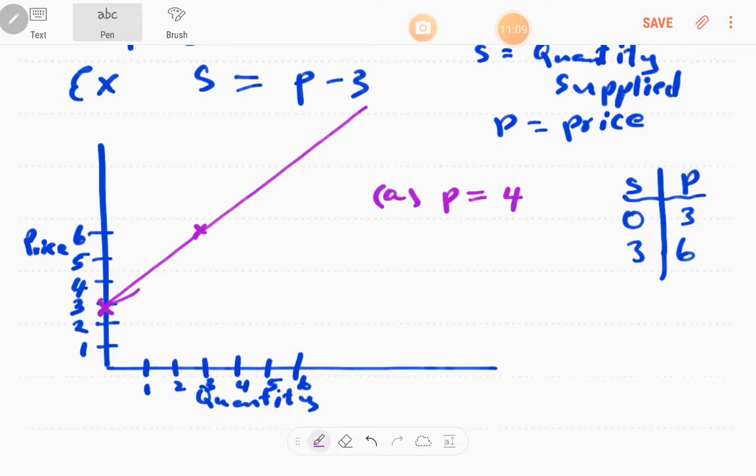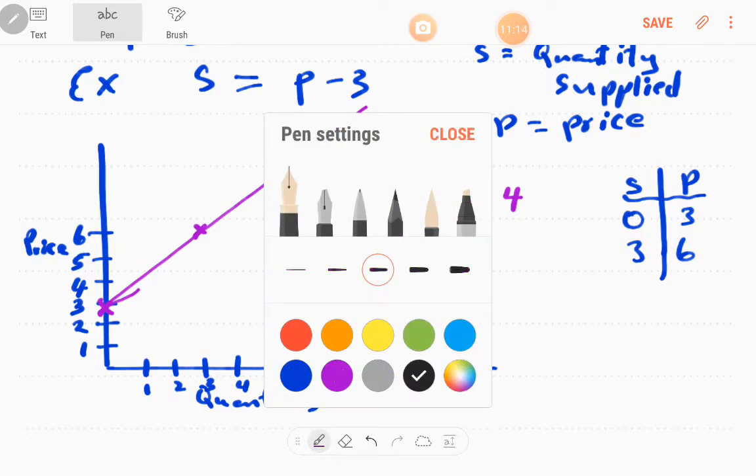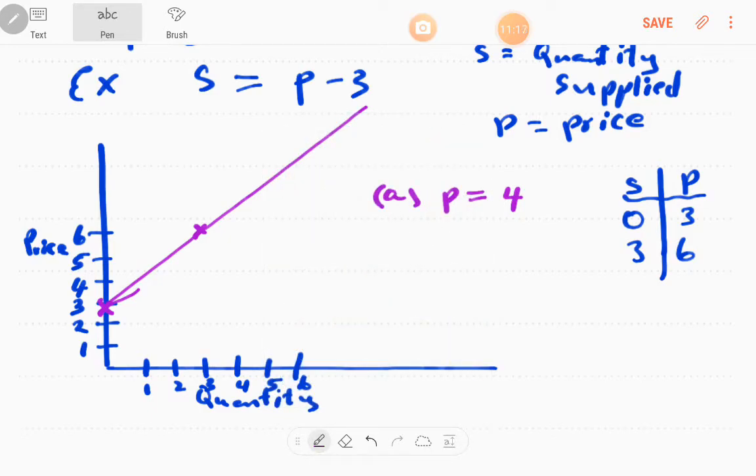Okay, so an estimate would be, when the price is 4, so this looks like 1, yes. Okay, so the quantity will be like 1 when the price is 4. So we can substitute this in and solve it algebraically. So we'll have 4 minus 3. So indeed, the quantity would be 1.